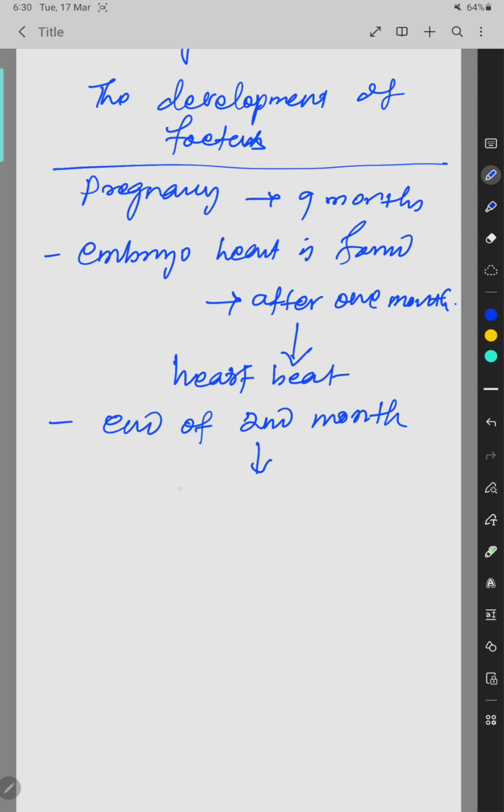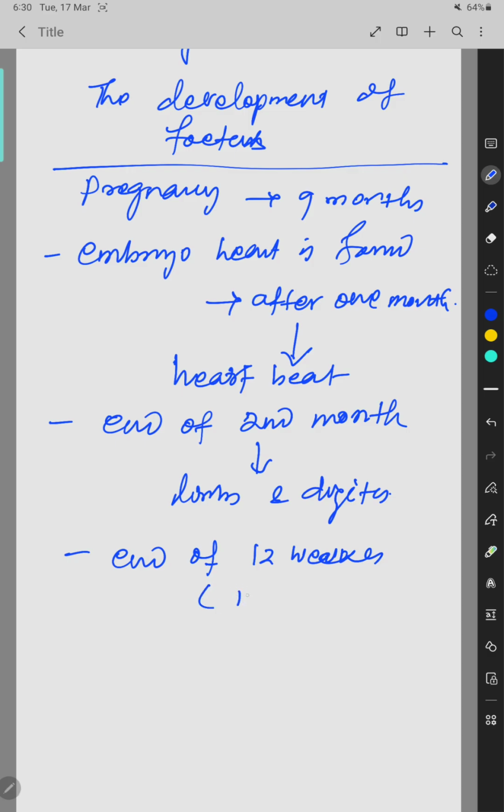The limbs and digits are formed, and by the end of 12 weeks, so 12 weeks is one trimester. It is one trimester. This is first trimester. So major organs are developed.